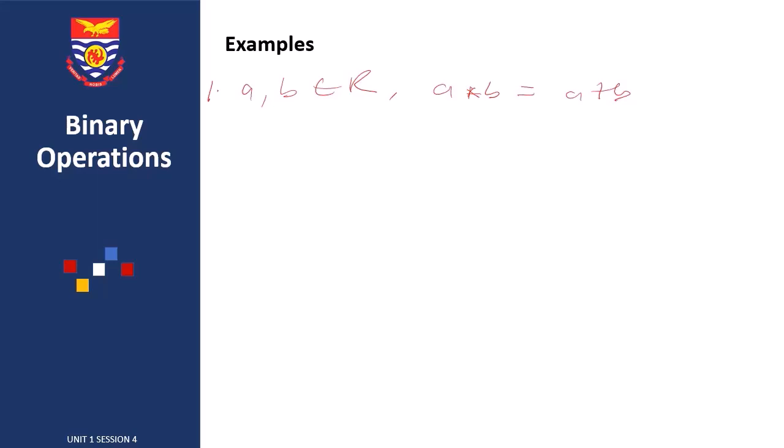And what can you say about A plus B? You can say that A plus B is also a member of R. And one can say that addition is a binary operation on the set of real numbers.